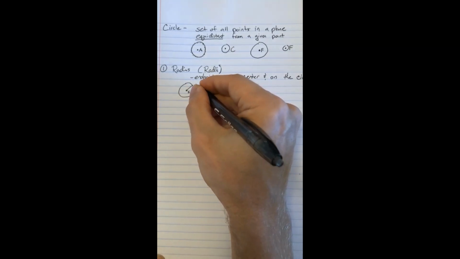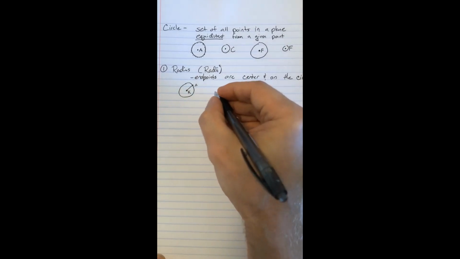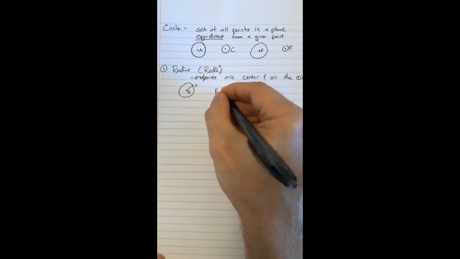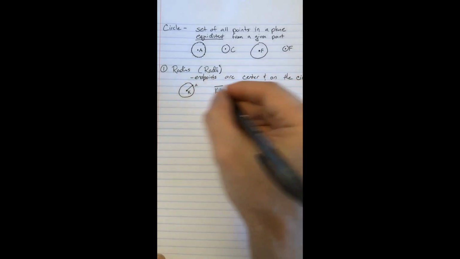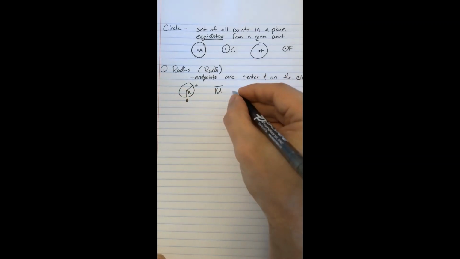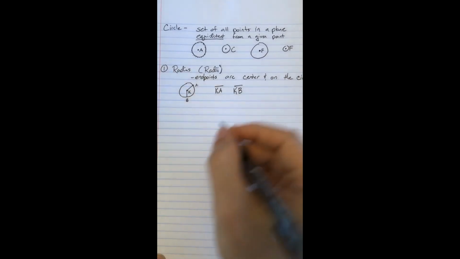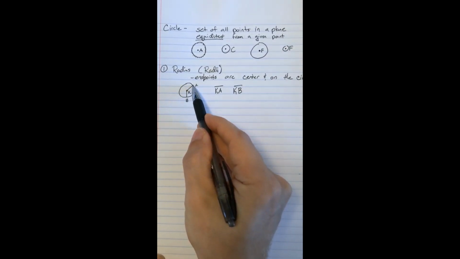Let's call this A, point A. This is a radius. So this would be radius KA. If we drew another one, we also have radius KB, and so forth. So a radius is just a segment from the center to the circle.